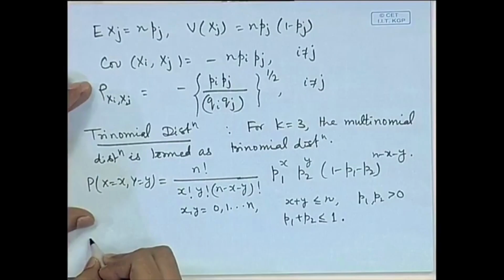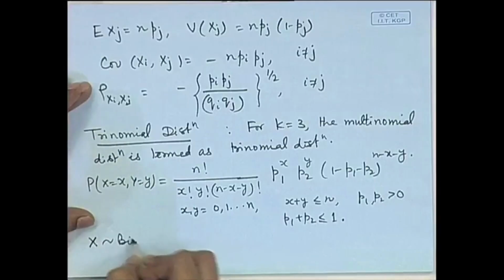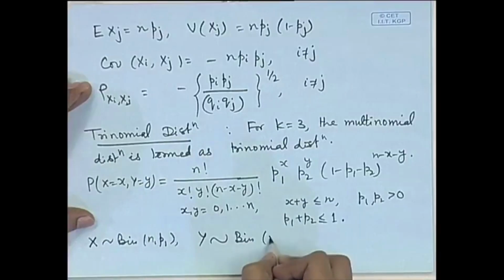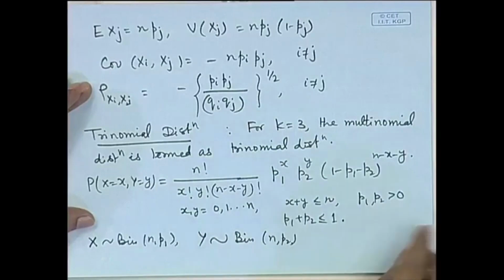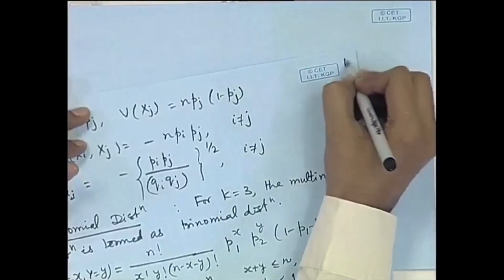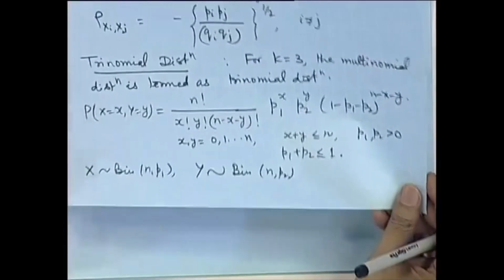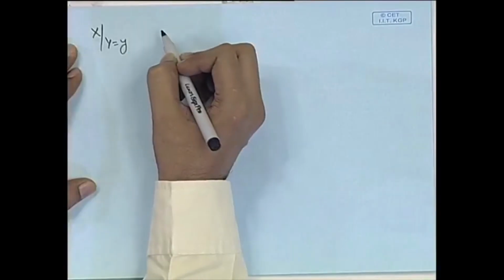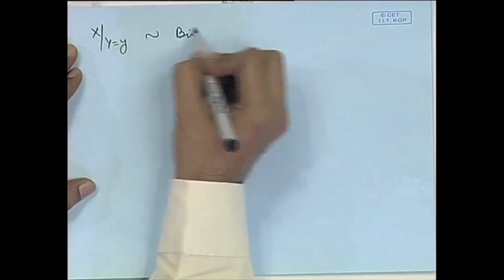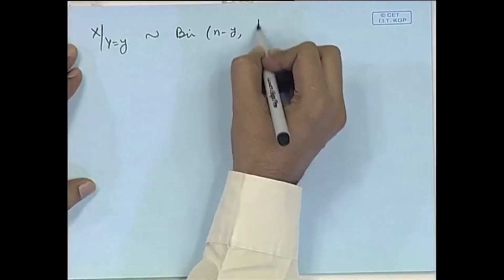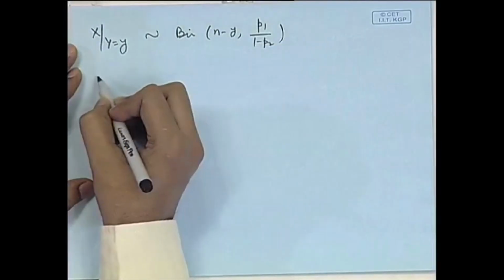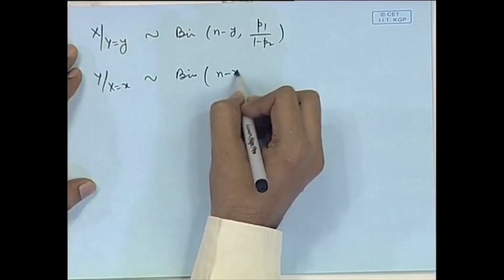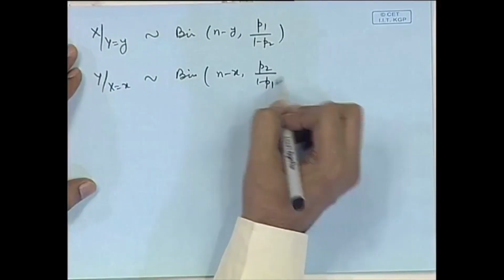Here if I look at the marginal distribution of x, that will be binomial(n, p1). If I look at the marginal distribution of y, that will be binomial(n, p2). Not only that, if we look at the conditional distributions of x given y and y given x, then the conditional distribution of x given y is binomial(n minus y, p1 by (1 minus p2)), and y given x is binomial(n minus x, p2 by (1 minus p1)).